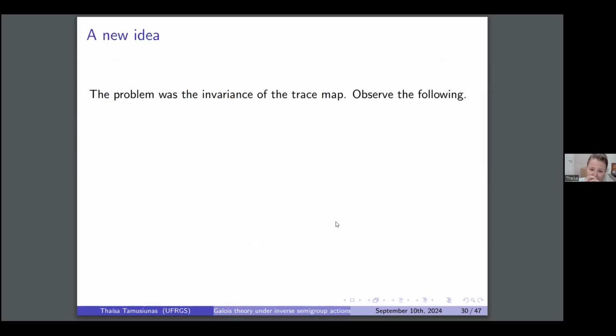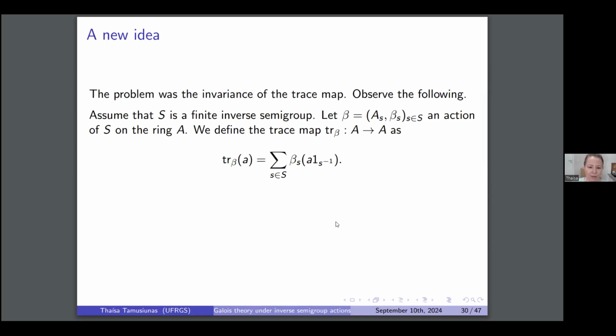The problem was to work with the trace map. Here I will talk about the trace map and what is the problem and how we solve the problem.